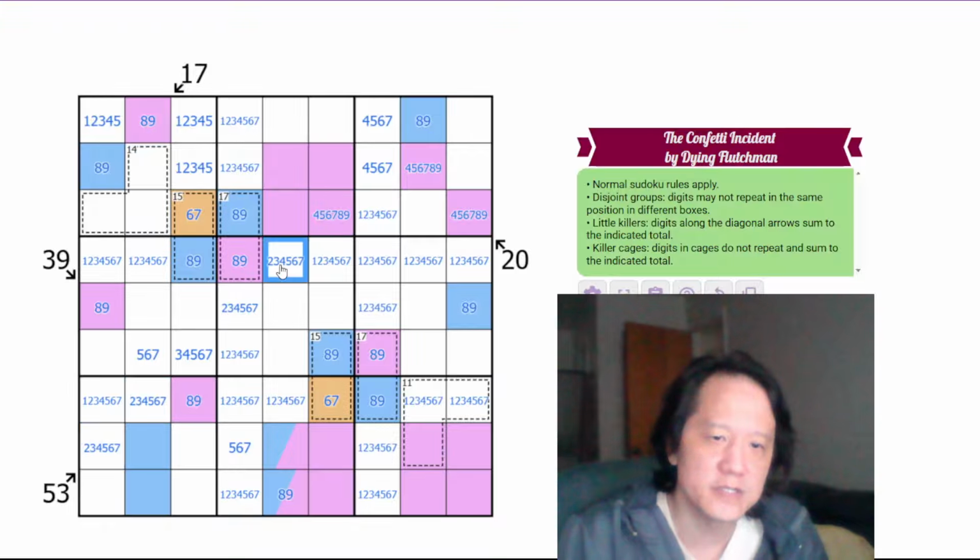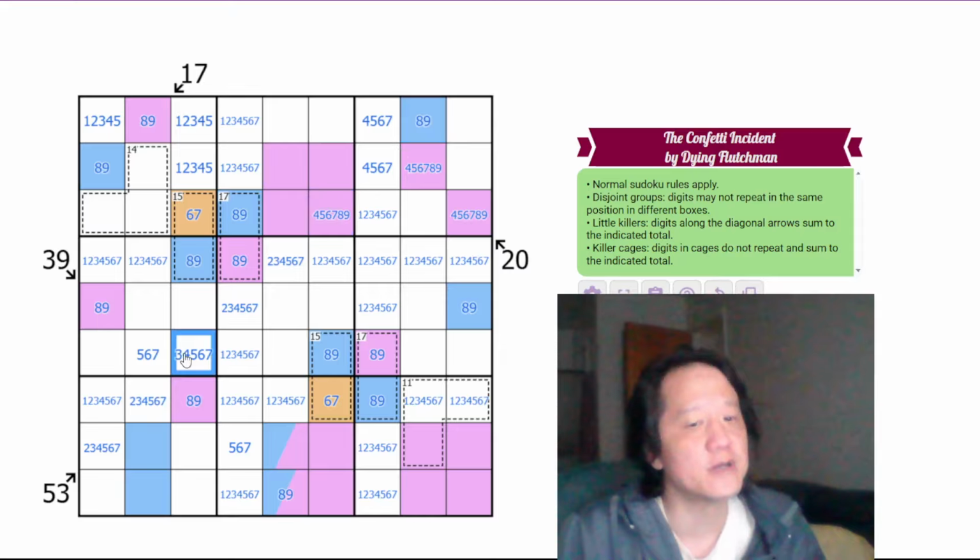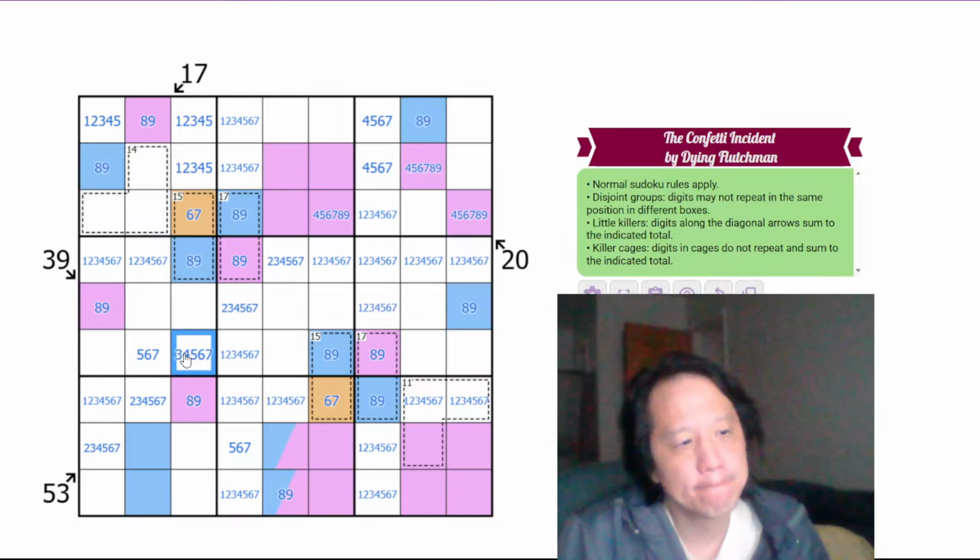You could have 6, 7 here. That's 33. And you could have pink, blue, and you still could have a 3 here. So 5, 6, 7 is 18, plus 6, 7 as a possibility here.